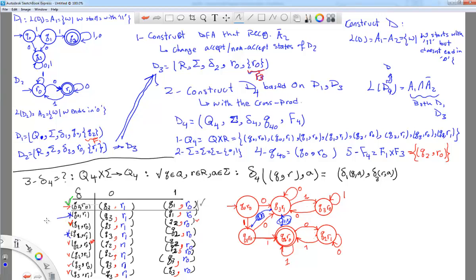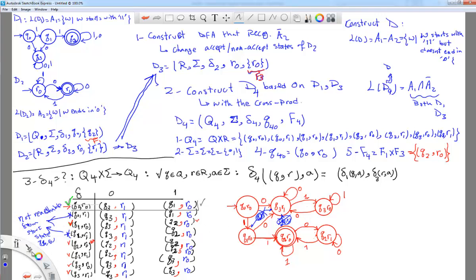So if we want to simplify our machines, we can get rid of these. So these states are not reachable from your start state, which is Q sub 0 R sub 0. And therefore we can remove these states.